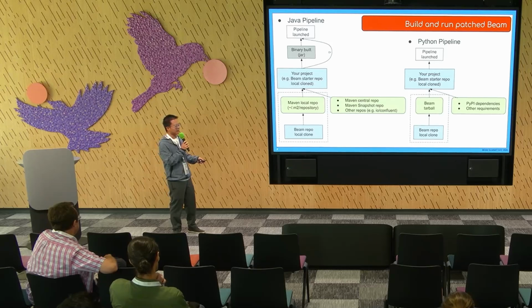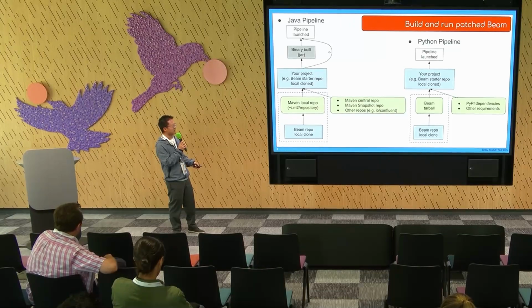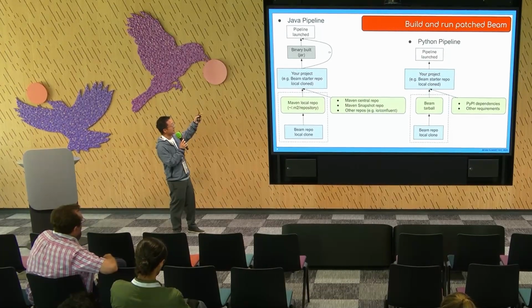For example, Confluent Kafka has its own repository at io.confluent. You have your project depend on this repository, and you build a jar, and then launch the pipeline on this jar.